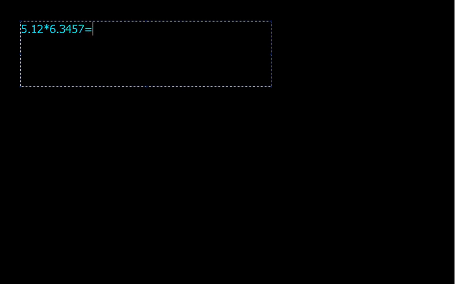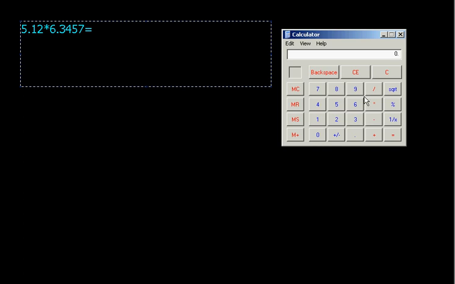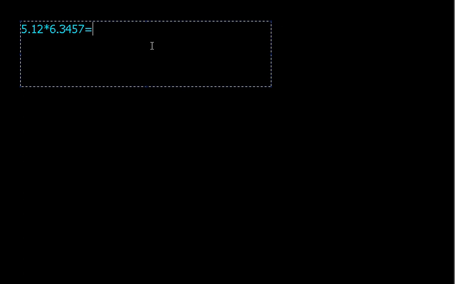Let's take out our handy-dandy calculator. 5.12 times 6.3457, equals, here we have 32.489984. See, that's a lot of digits. You don't want all those digits, because we don't know that much. We don't have that much information. We're not sure it's that close.